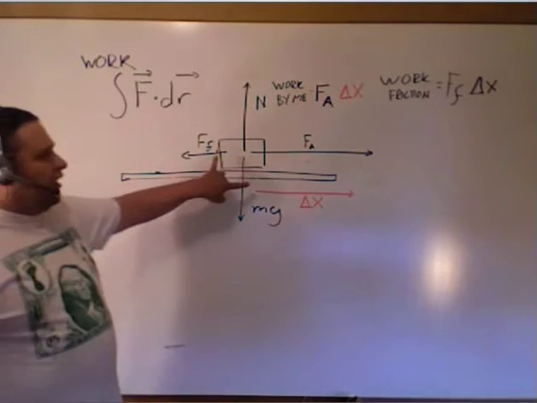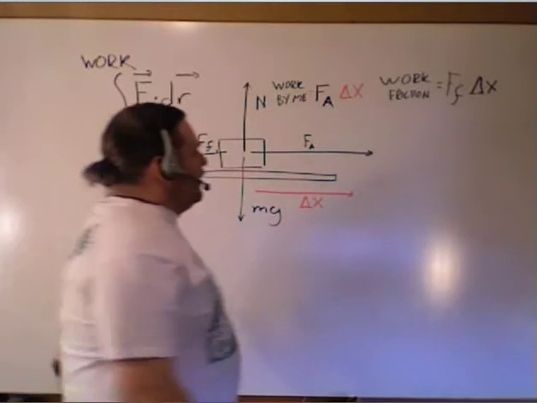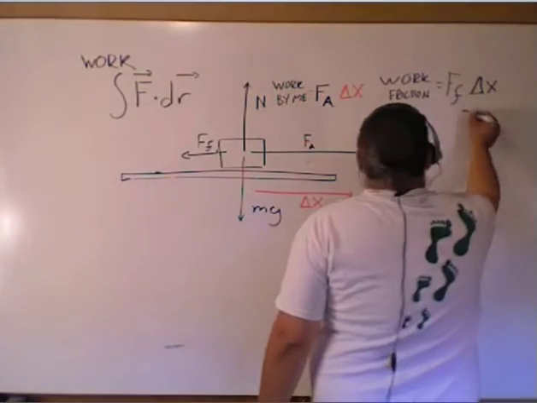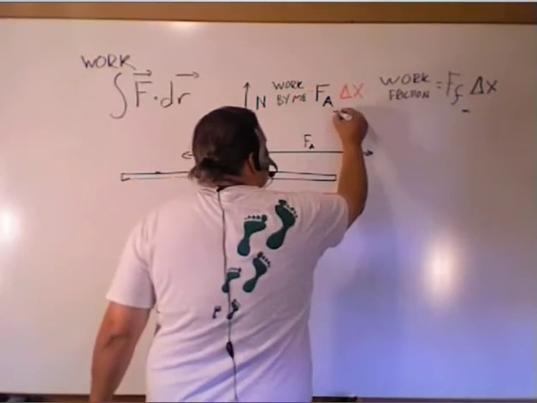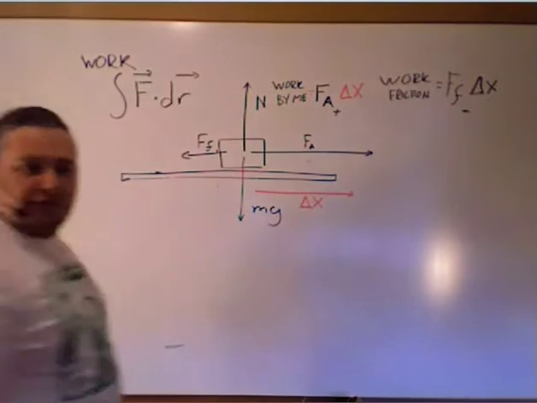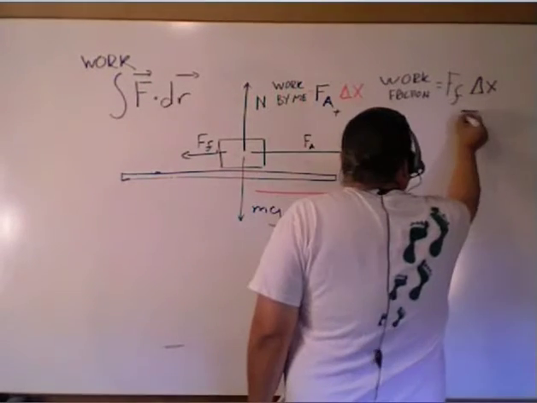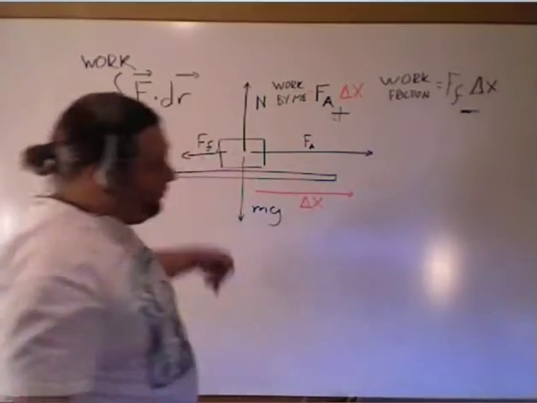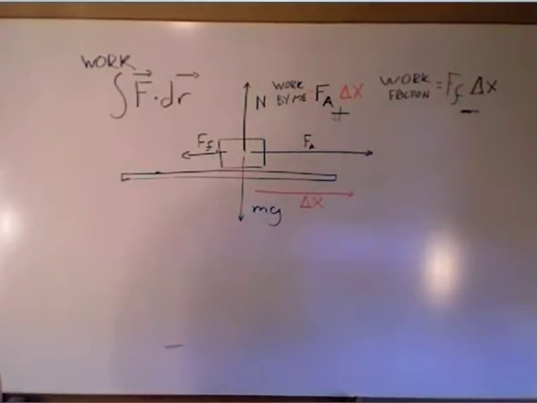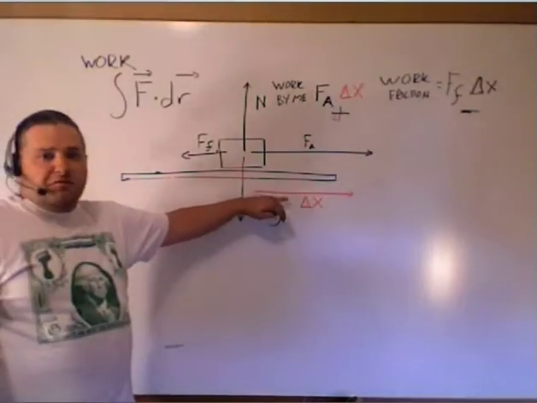Now they're both pointing in opposite directions, and I know that this is going to turn out to be a negative value. I know that because the applied force and displacement are in the same direction, that this is going to turn out to be a positive value. So I'm doing positive work, and the force of friction is doing negative work, just simply by this displacement.